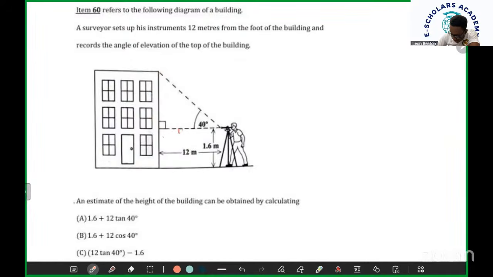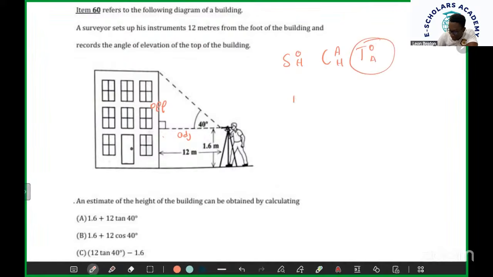So we know here is 12. And the thing that we want to find, since we're using 40, would be the opposite, and the 12 would be the adjacent. Let's see which ratio has opposite and adjacent. Some Old Horses Can Always Hear Their Owners Approach. The tan ratio has the opposite and adjacent.